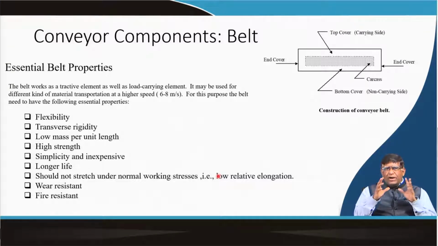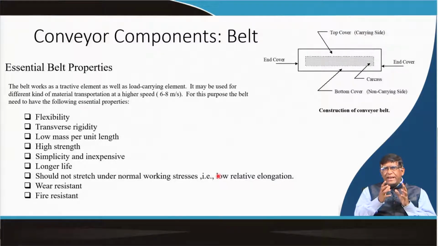Now, coming to the component-wise discussion, we may follow it in our next classes also. The essential properties that a belt will have to have are flexibility, transverse rigidity, low mass per unit length, high strength, simplicity and inexpensiveness, and long life. It should not be stressed under normal working conditions, which means the relative elongation should be less, so that the tension remains. Then it should be wear resistant and fire resistant.